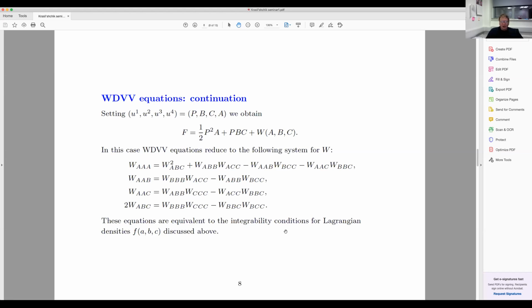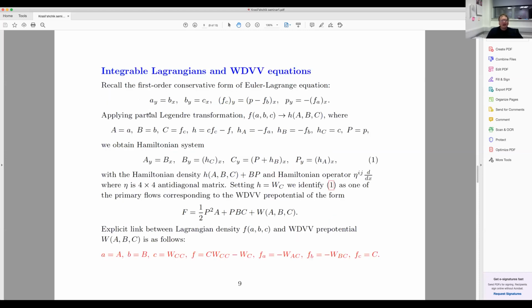Okay, so let me go back to associativity equation, to Lagrangian densities. Now I want to construct an explicit link between Lagrangian densities f of ABC and WDVV prepotentials.